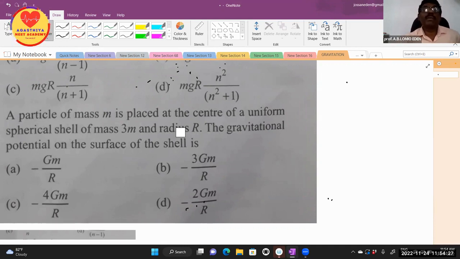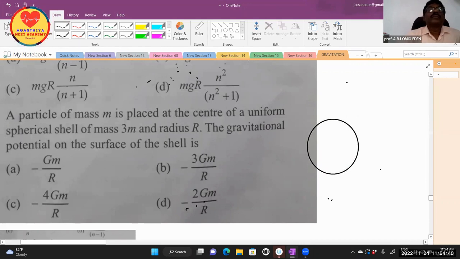I explain the problem. See, a particle of mass is placed at the center of the uniform spherical shell.